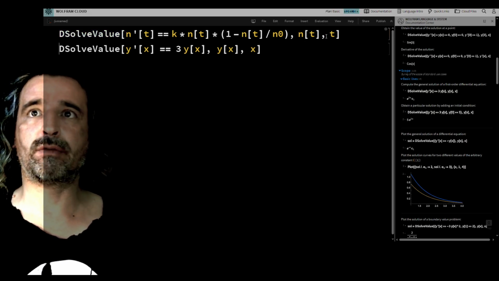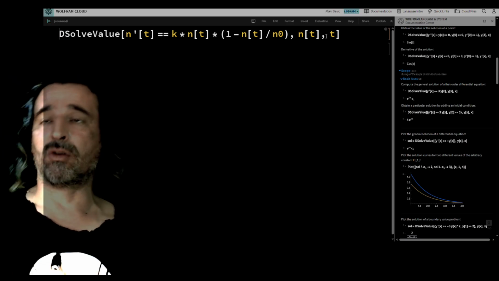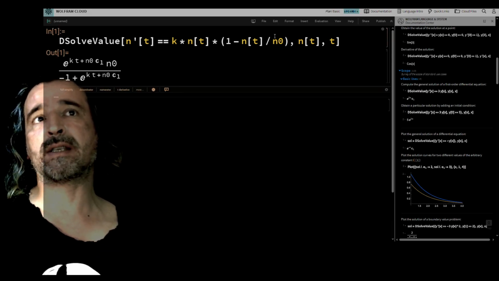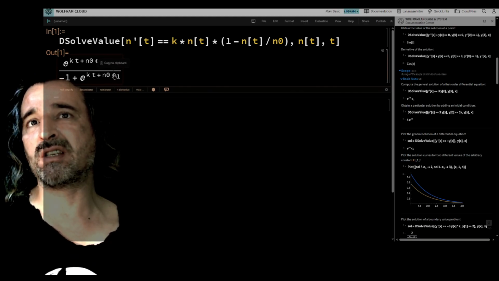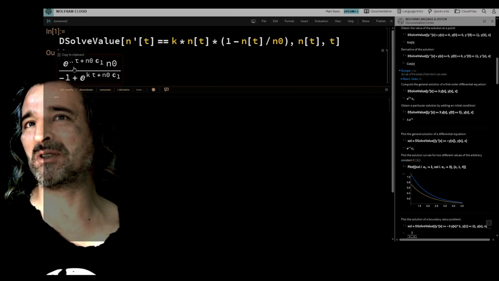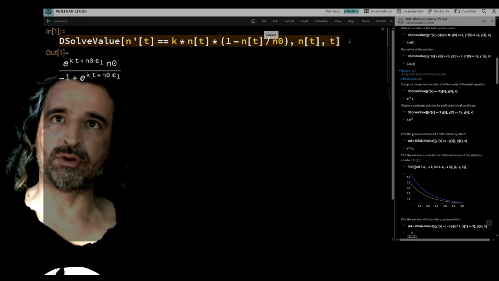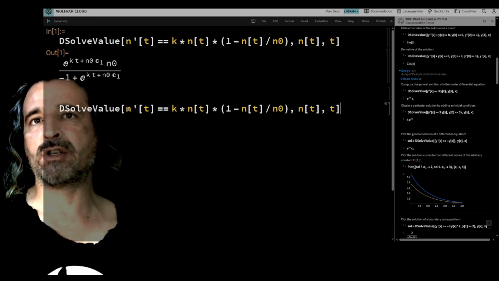So I can get rid of this now. And now it's going to give me the general solution of the differential equation with the constants of integration. And you can see N naught and k, but there is this constant of integration c1 that appears here in the exponent. Now let's see what happens if I input not just the equation itself.